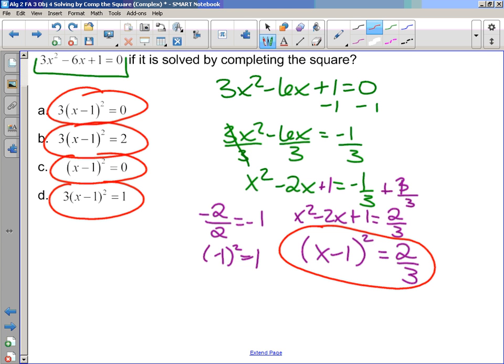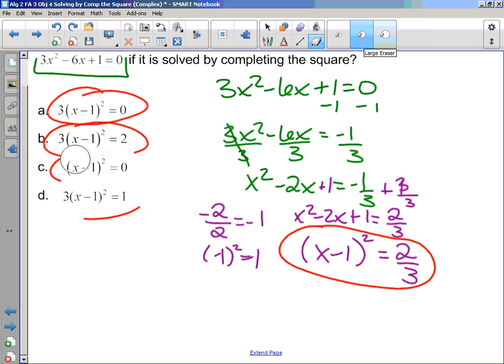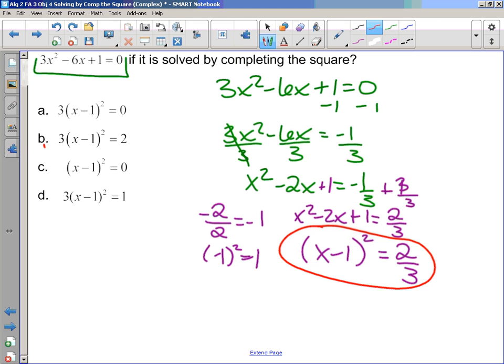Now what's different with all of these solutions is basically the number on the other side of the equals. This one doesn't have a 3 in front of it. So what I'm going to do is see if I can manipulate this equation that I have circled in red and see if I can match it.